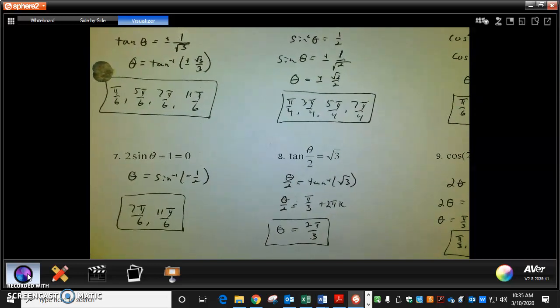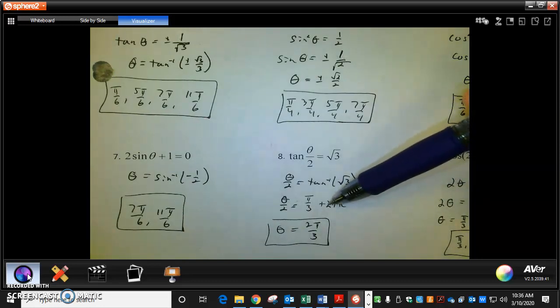7 and 8. 8's pretty straightforward. Again, for the notes, I would have added pi here. For this, I added 2 pi.